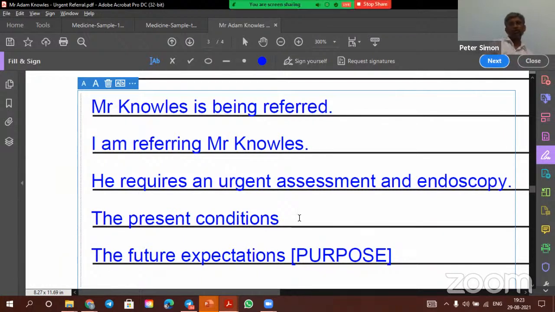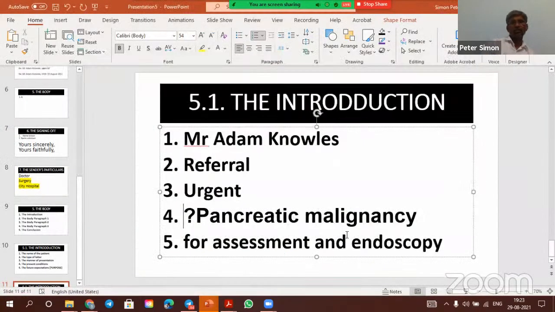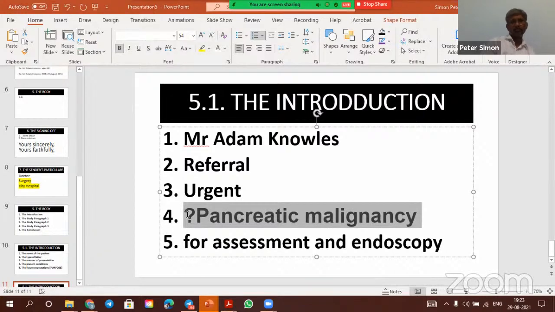Present condition. What is his present condition? You can see there. What is his present condition there? Pancreatic malignancy. Possible. Okay. Pancreatic malignancy.